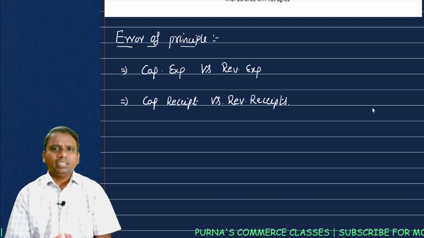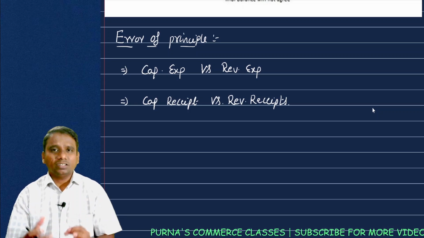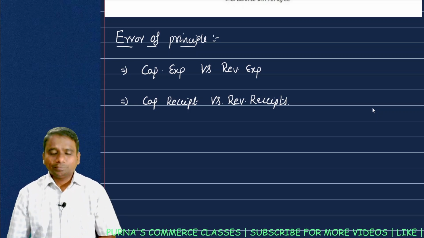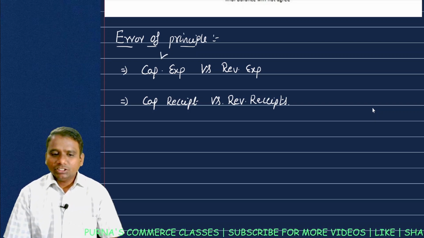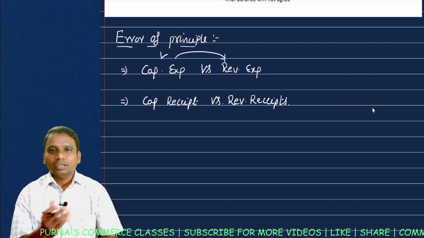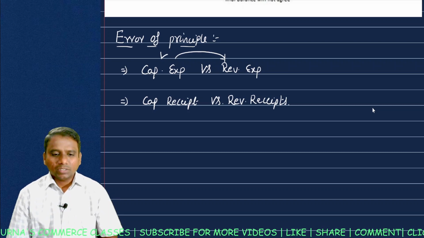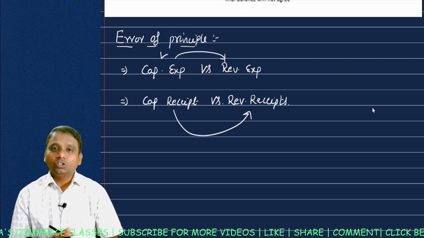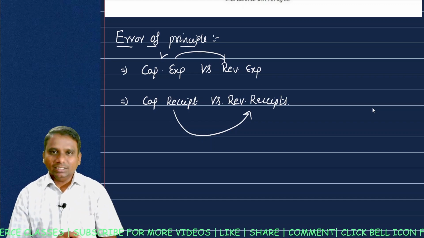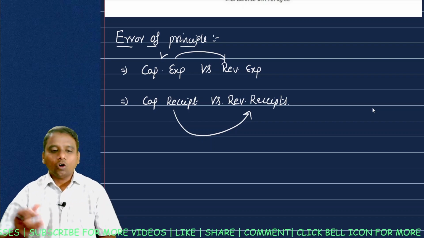Expense we divide into capital expenditure and revenue expenditure. At the same time, receipts we divide into capital receipts and revenue receipts. When you are recording the transaction, if you treat the capital expenditure as revenue expenditure or vice versa, revenue expenditure as capital expenditure, at the same time, capital receipts as revenue receipt or revenue receipt as capital receipt, we call this error or mistake as error of principle.